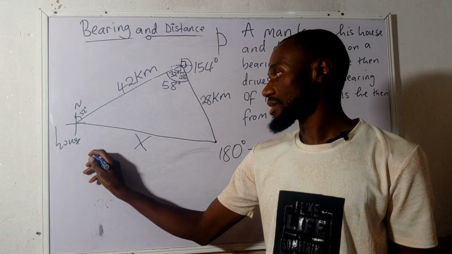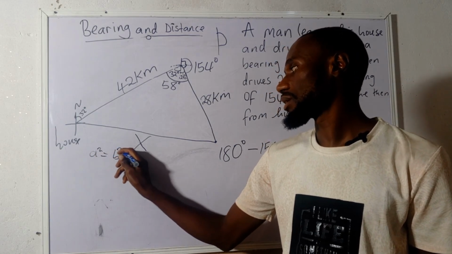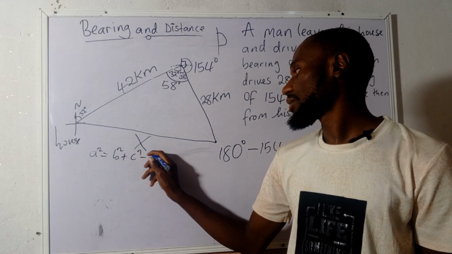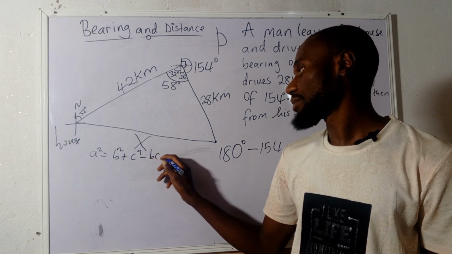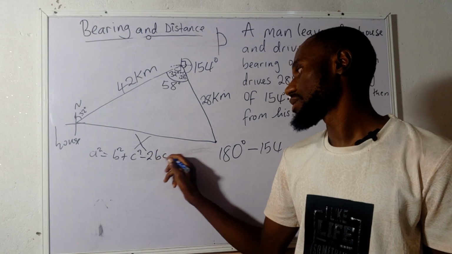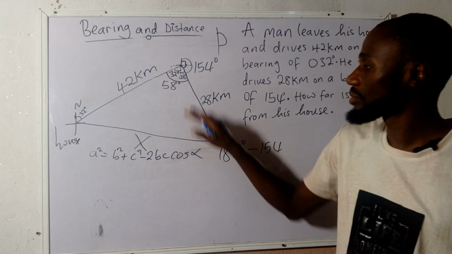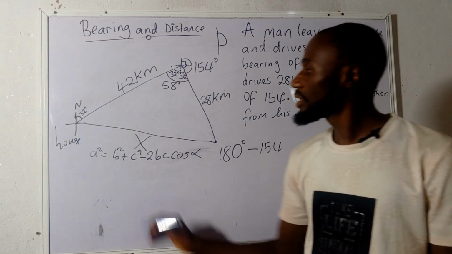Remember the formula says a squared equals b squared plus c squared minus 2bc cos alpha, that is, cos of the given angle here. We're going to apply this formula of the cosine rule.